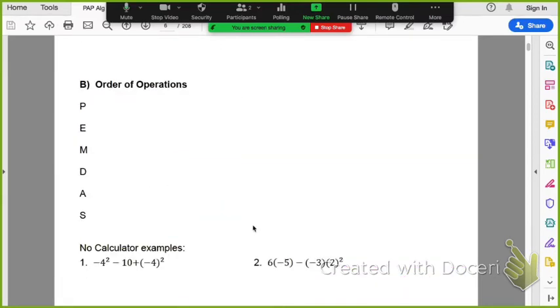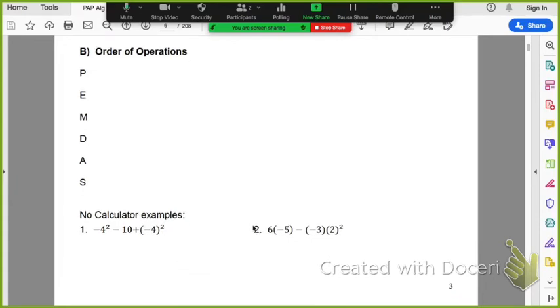Okay. For B, this is where I'm talking about order of operations and how it matters. So let's refresh our memory on what PEMDAS stands for. P is for parentheses, E is for exponents, and then multiply and divide.